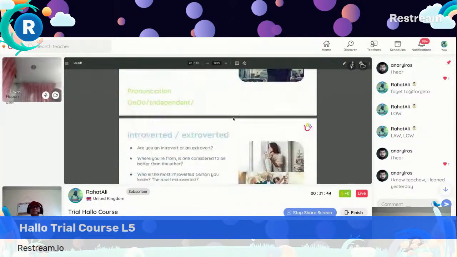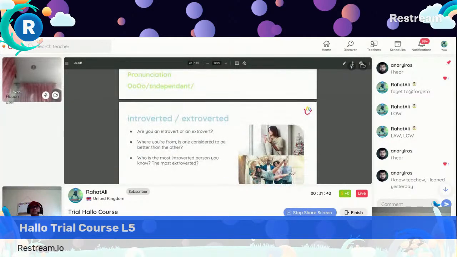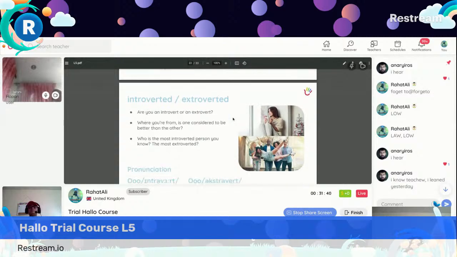Great. Introverted, extroverted. Do you know these two words? Intro is inside, extro is outside. So intro is like you prefer to stay alone, and extrovert is like you prefer to join friends or have a party, something like this, is it?